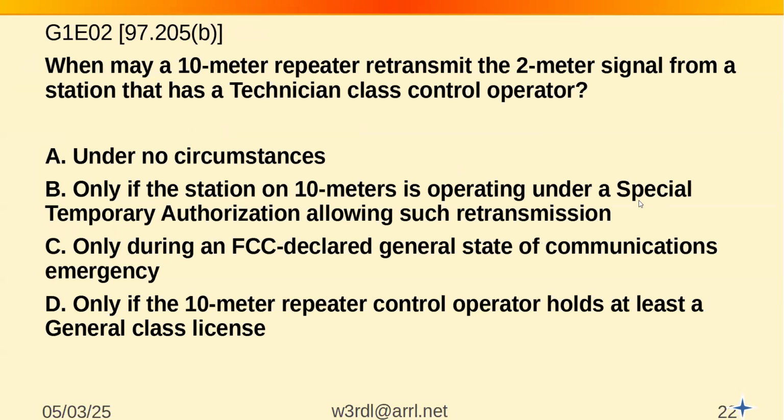When may a 10-meter repeater retransmit the 2-meter signal from a station that has a technician class control operator? It's kind of a red herring in there.